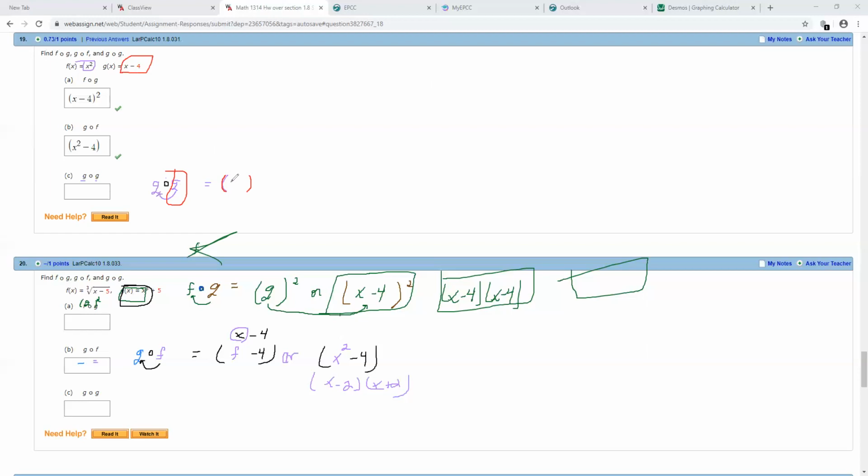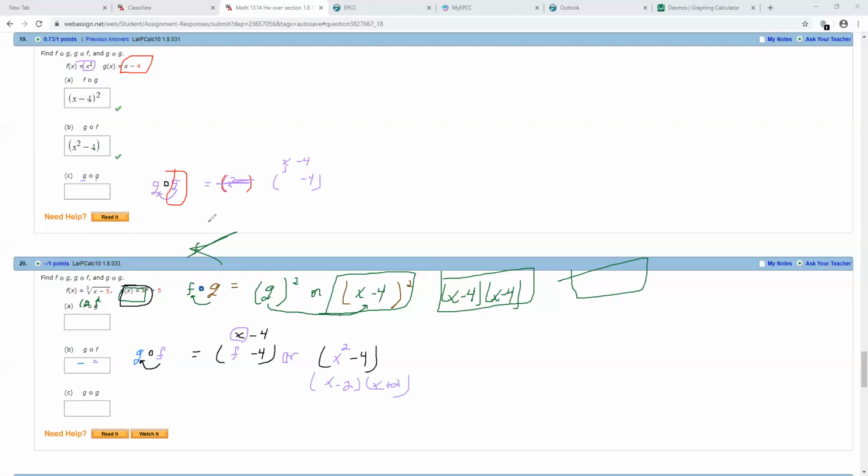And we're going to write x minus 4, but instead of x, what function are we putting in?